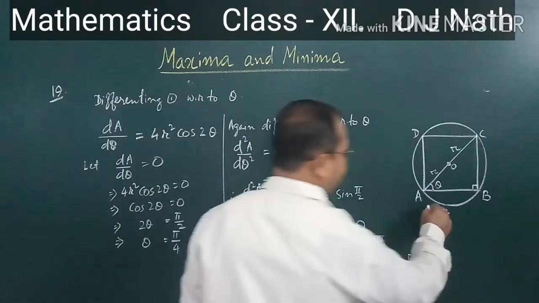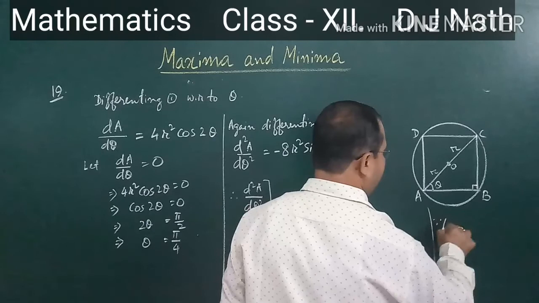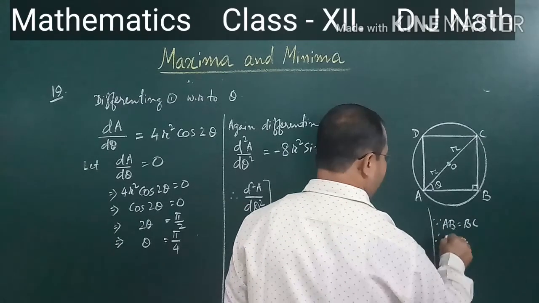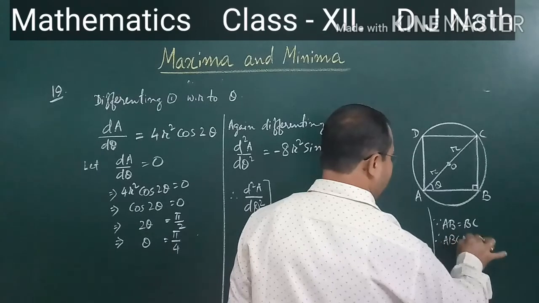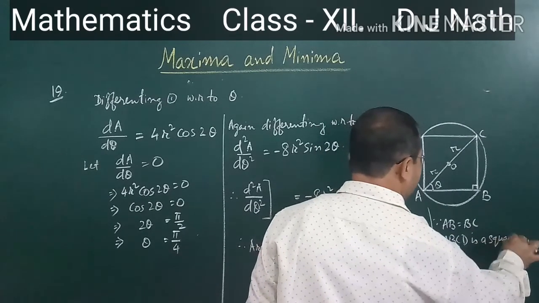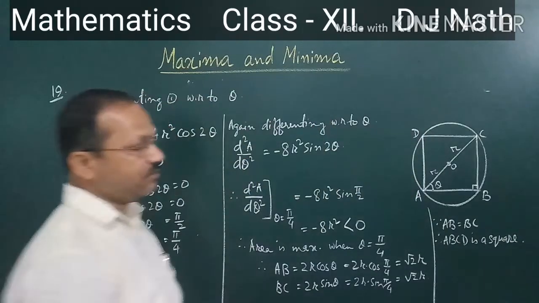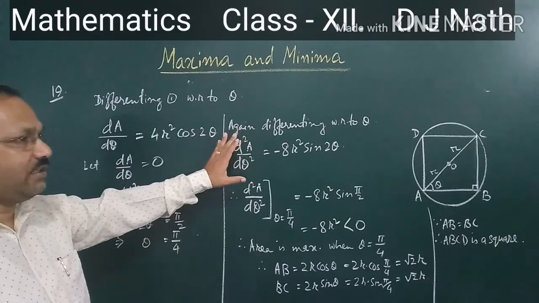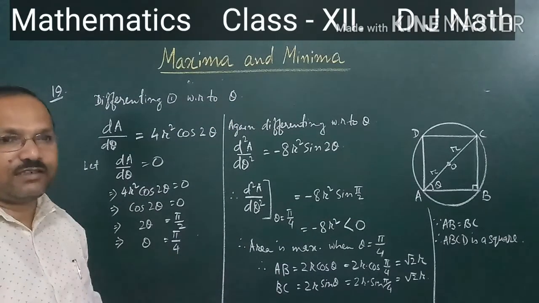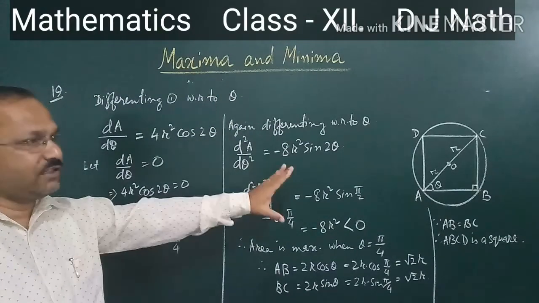Therefore ABCD is a square. So what we have shown is that among all the rectangles inscribed in a circle, the square has the maximum area.